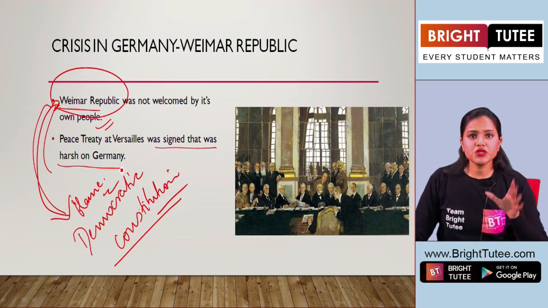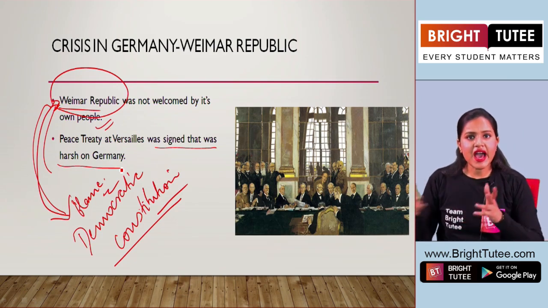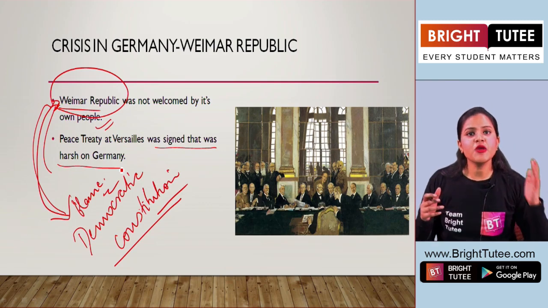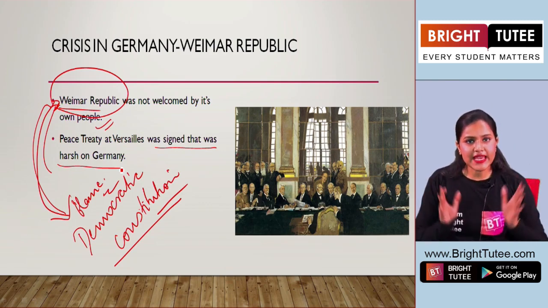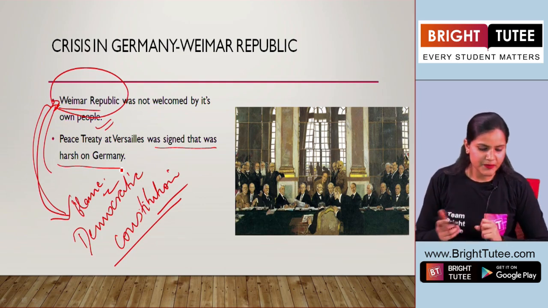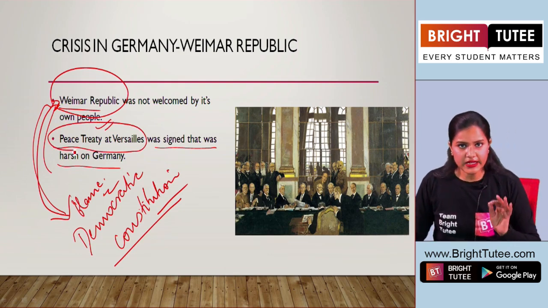Now here students, whenever a war ends, the defeated party has to sign a truce, an agreement with the winning party. So the same thing happened here when we are talking about the First World War, right? In the First World War, a peace treaty was signed at Versailles.